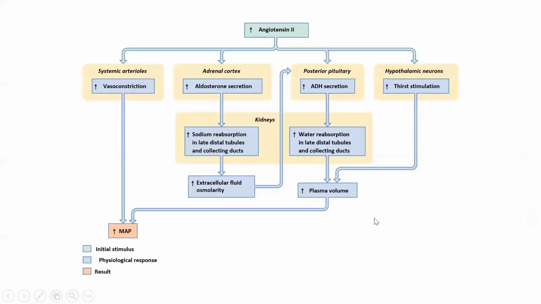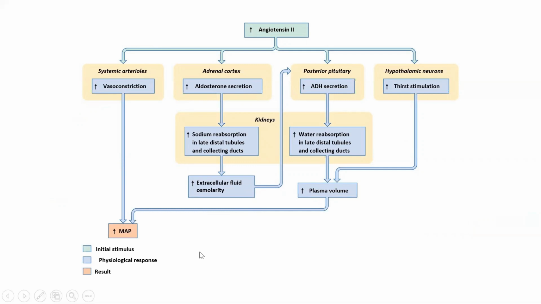All right. Now let's talk about some of the other things that angiotensin will do. We just talked about one of the main things it does, which is to stimulate the adrenal cortex to release aldosterone, but it also does some other things that help increase blood pressure.